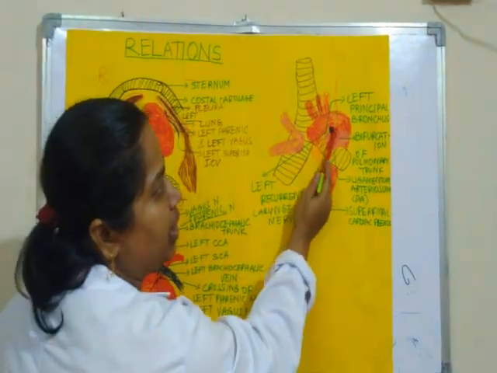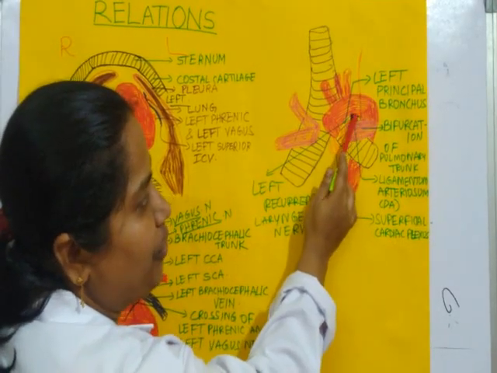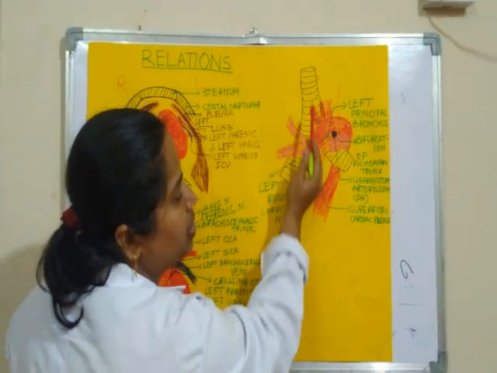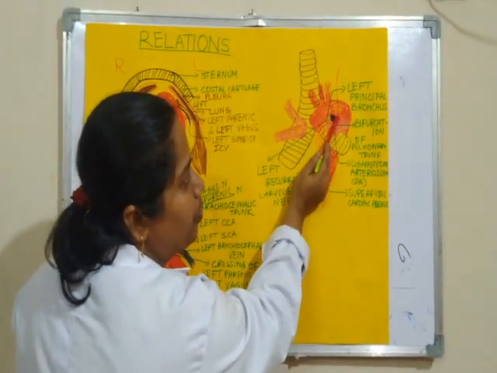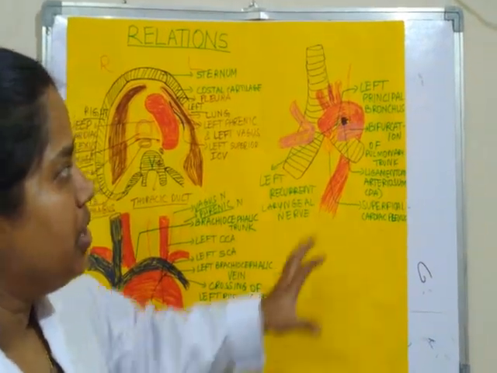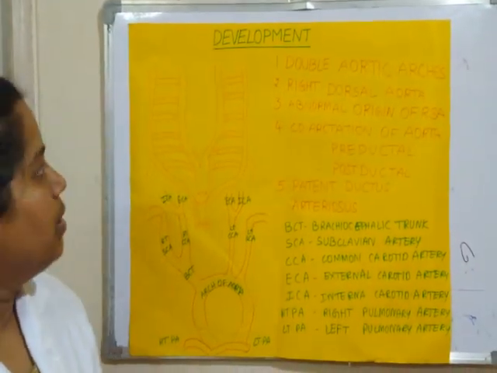So left recurrent laryngeal, which is a branch of left vagus, is the fifth structure. So while it is running upwards into the tracheoesophageal groove, it winds round the arch of aorta inferiorly. So these are the five structures related to the arch of aorta.